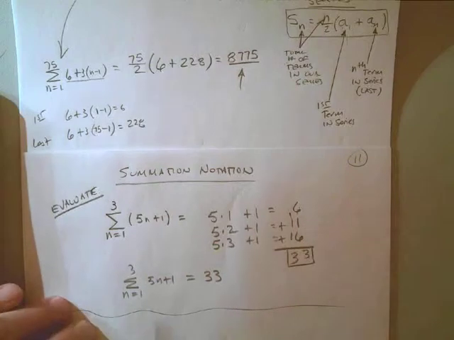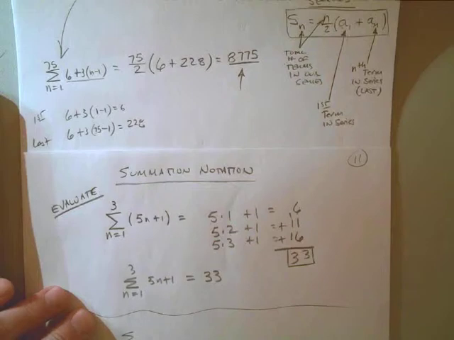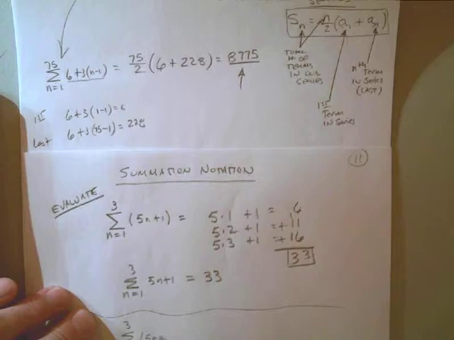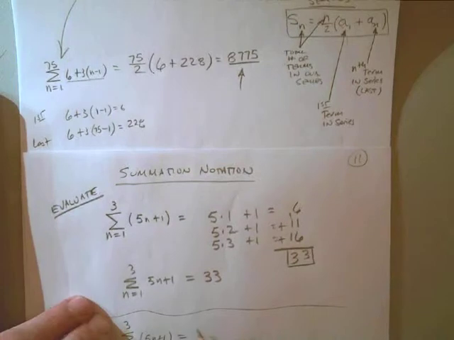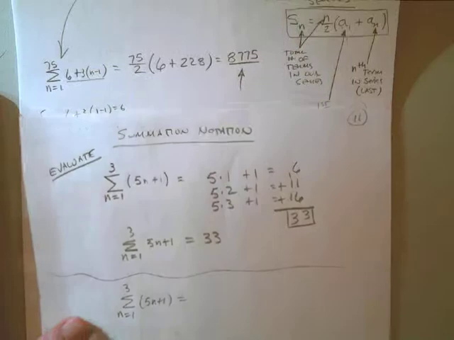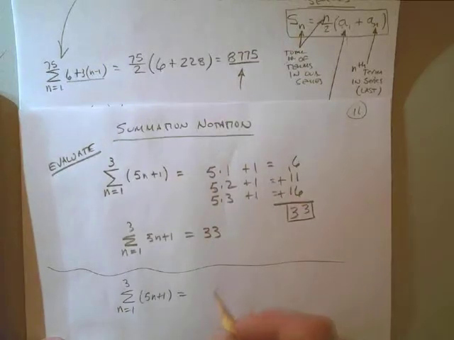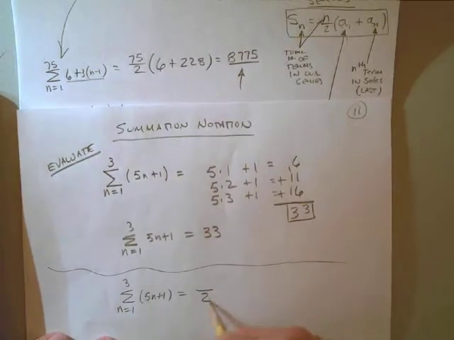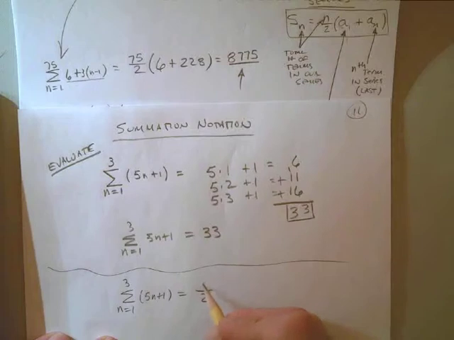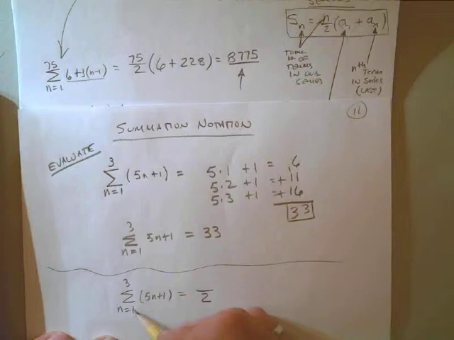So the sum of n equals 1 to 3 of 5n plus 1 is going to be equal to, oops, you can't see that. Our shortcut formula is n over 2, where n is the total number in a series. So 1, 2, 3, there's going to be 3 terms.